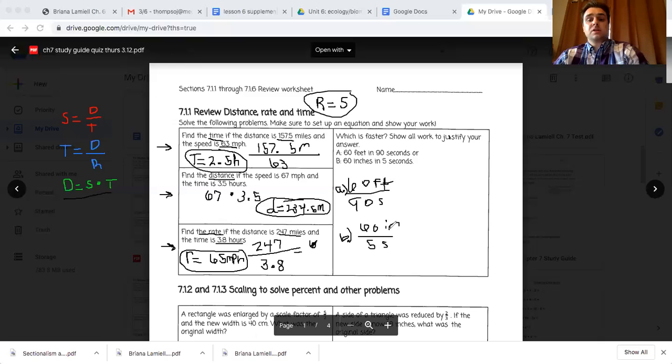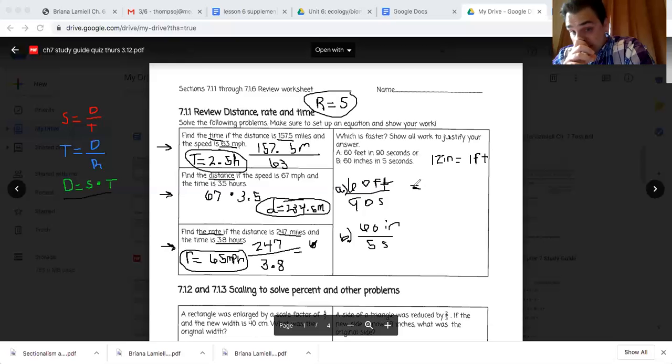Now, that's okay because we know that there's 12 inches for every 1 foot. So if we have 12 inches in 1 foot, can we convert 60 feet to see how many inches that would be? The answer is sure.